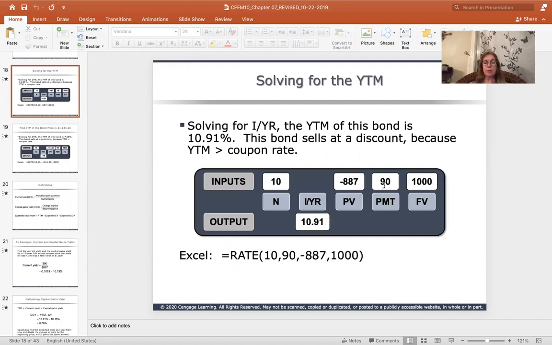So the current yield, the $90 divided by the 887, that's our 10.15%. The fact that we paid only 887 for it, but we're getting 1,000 back, that's our capital gains yield, the 0.76. So those are the two components that make up the 10.91.